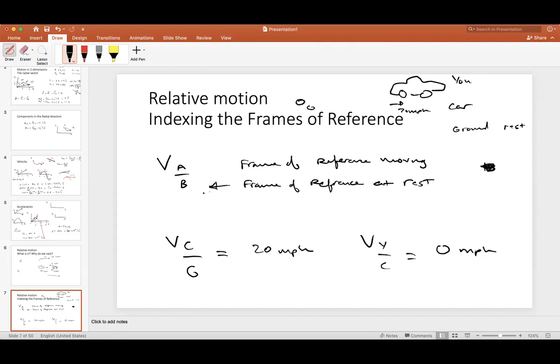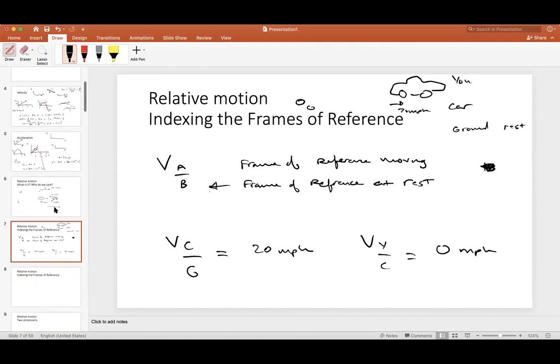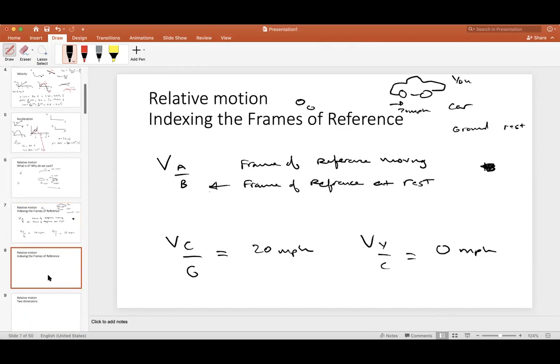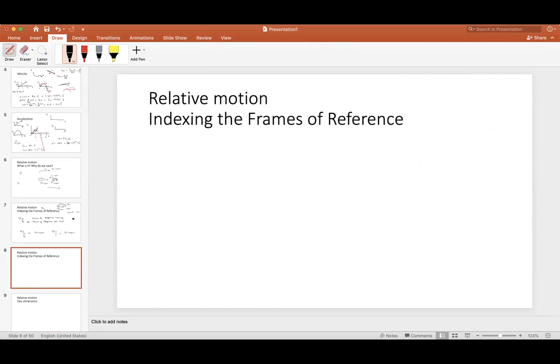So we have these indexes of reference frames. Secondly, we need to talk about what we can do with these. So this is, again, indexing the frames of reference. So we said that the velocity of the car to the ground, if the ground's at rest, was 20 miles per hour.